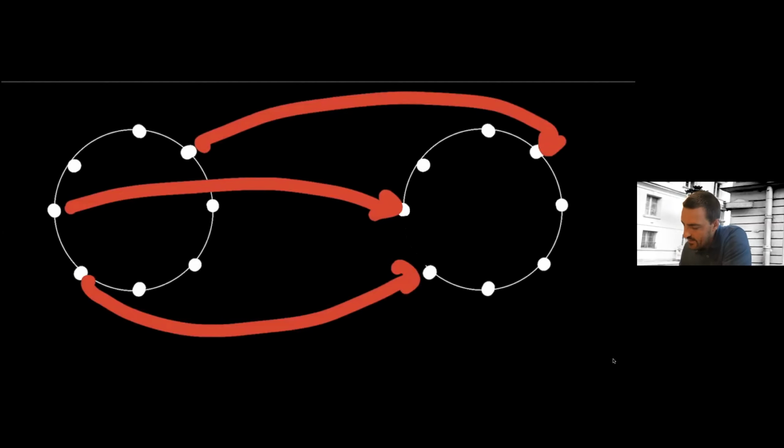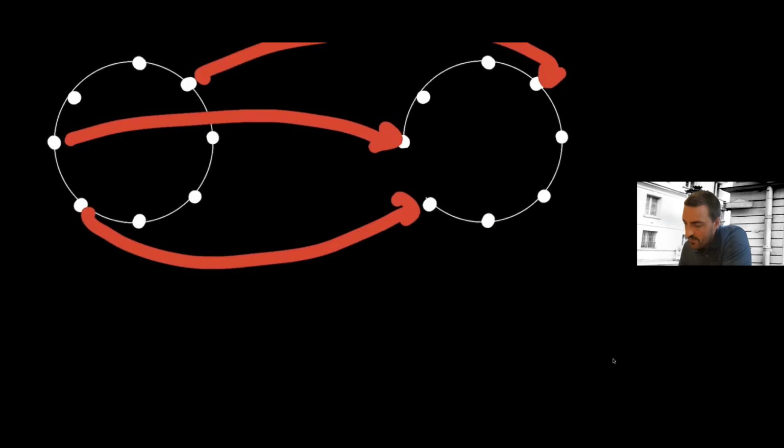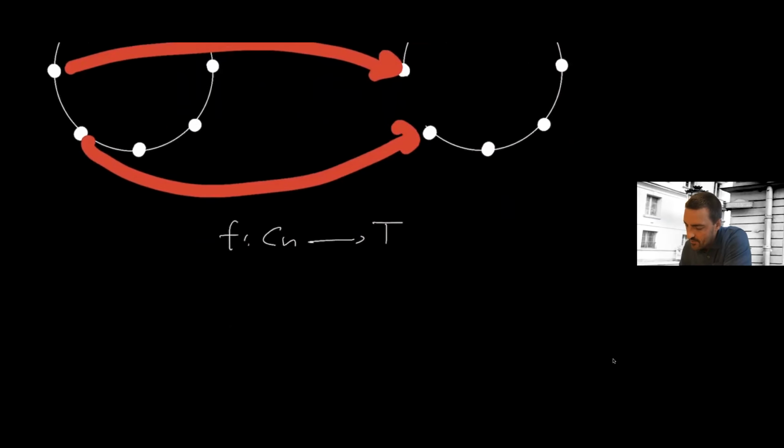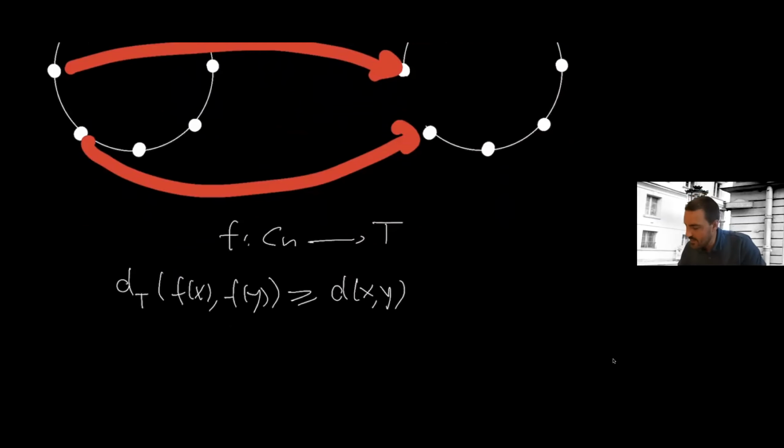And so what does this map do? You have a map from C_n into a tree, actually a path. And so let's try to understand the distortion incurred by this map. If you look at the distance in the tree between the images of 2 points, well, this does not contract the distances. This is pretty clear, because you're deleting an edge, so you can only increase the distances, okay? And what about the expansion?